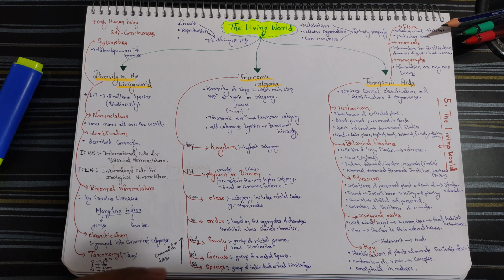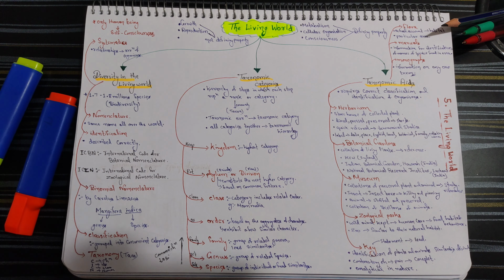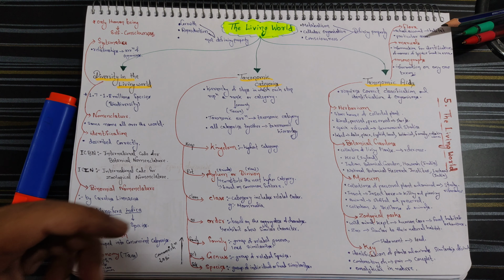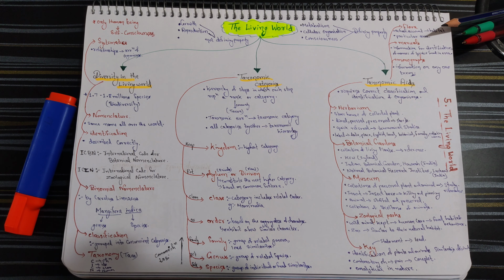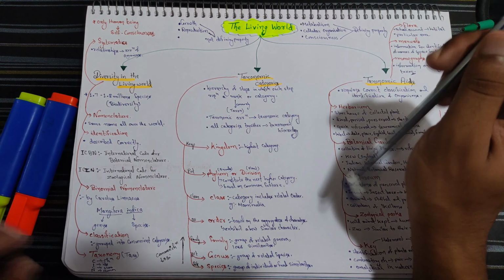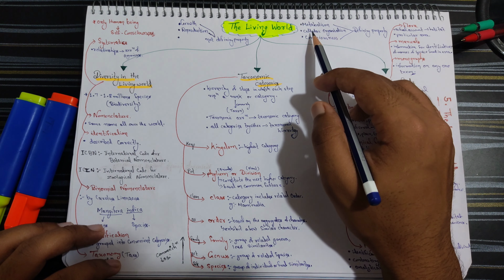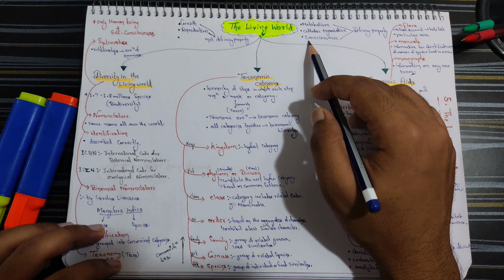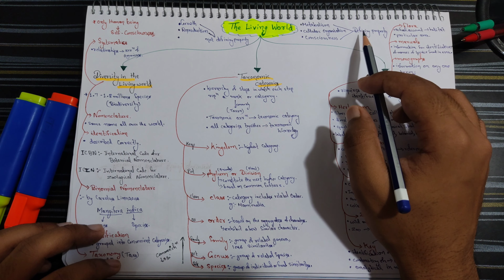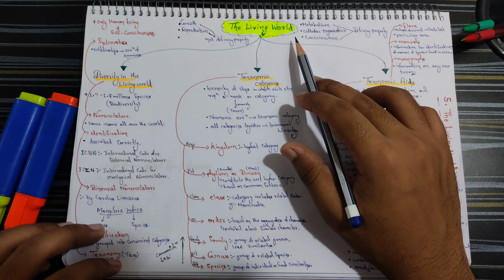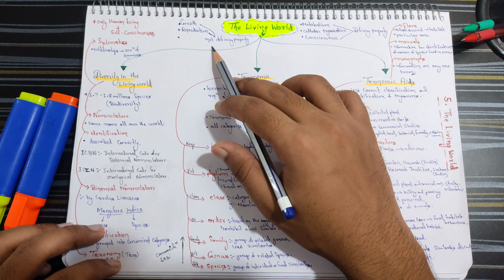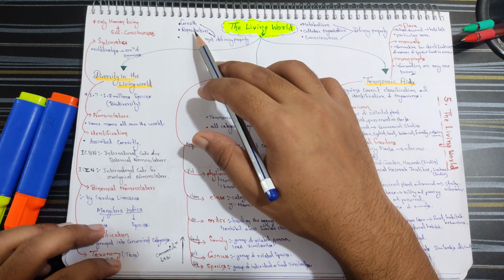So before moving forward, I would like to discuss the living world. There are defining properties of living organisms and non-defining properties. Defining properties are metabolism, cellular organization, and consciousness. Non-defining properties are growth and reproduction.